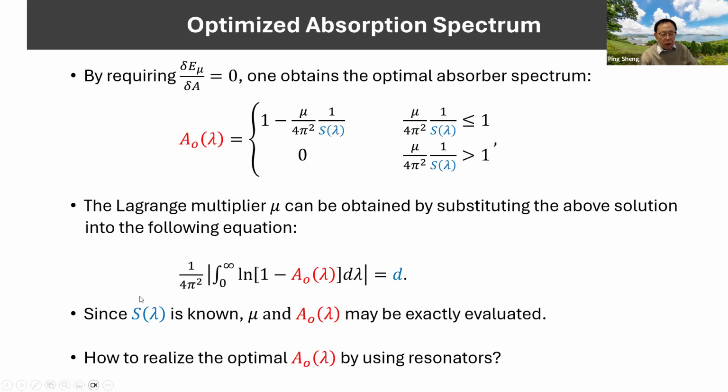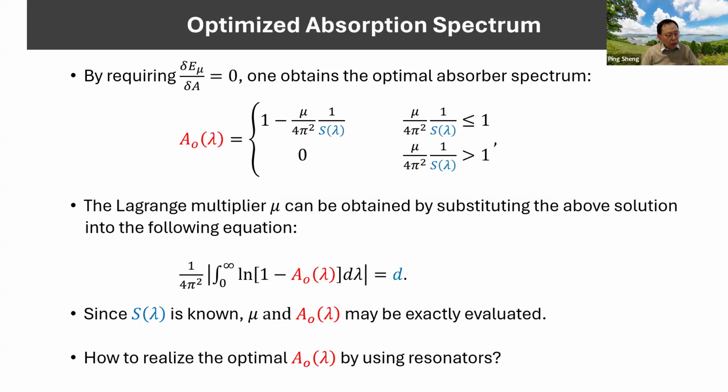And then since S of lambda is known and mu is known, then the optimal absorption spectrum may be exactly obtained. So how to realize this optimal absorption spectrum? By using resonators subject to the constraint of some given thickness.